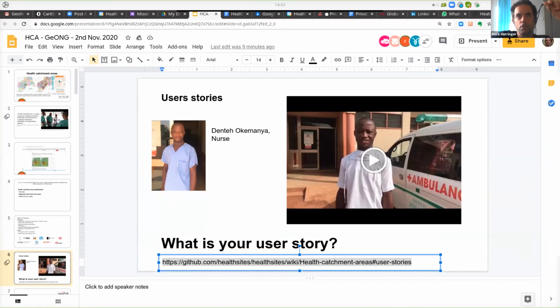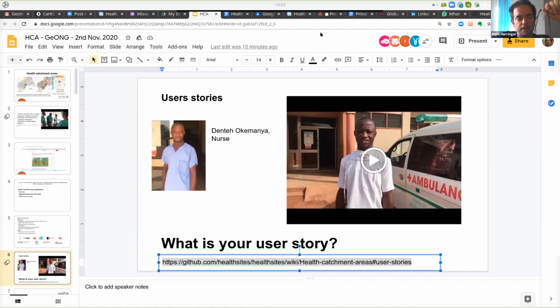We're using a specific format that you'll see on that wiki page. Essentially what we would like you to do is, if you're able to, write down a user story which refers to health catchment areas that means something to you. As many of you will know, when we get user stories from different personas, we're able to understand the different perspectives.